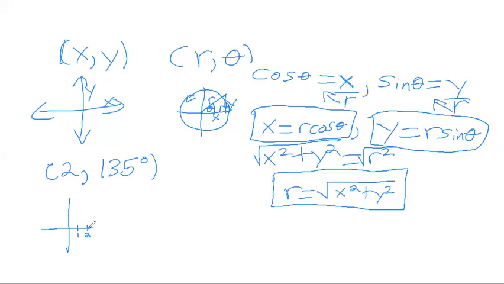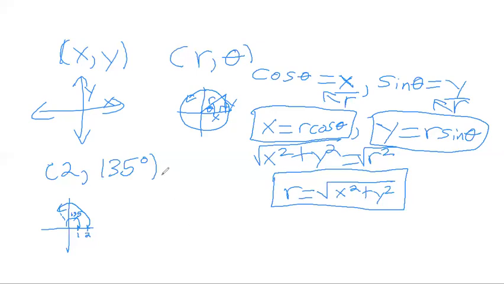I want to draw it at 135 degrees, so I go like this. This is 90, and 135 would be right about here somewhere. So this would be my whole angle, 135 degrees, with r being 2.